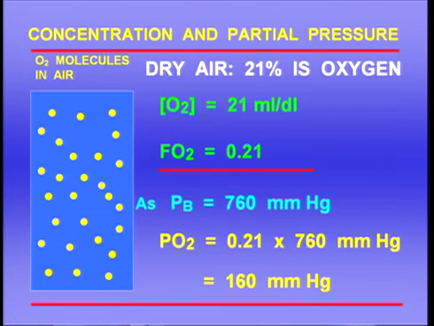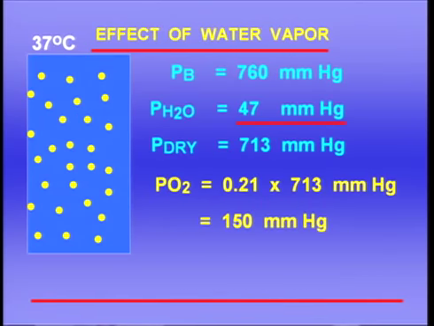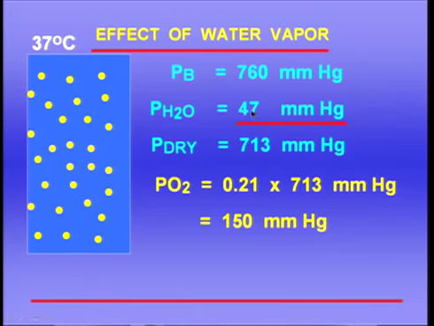Now there's a minor complication that we should deal with here, and that is the effects of water vapor. When air is inspired into the lung, it is warmed and moistened and saturated with water vapor at the prevailing temperature of 37 degrees Celsius. At that temperature, the partial pressure of water vapor is 47 millimeters of mercury. That only depends on temperature. It doesn't depend, for example, on barometric pressure.